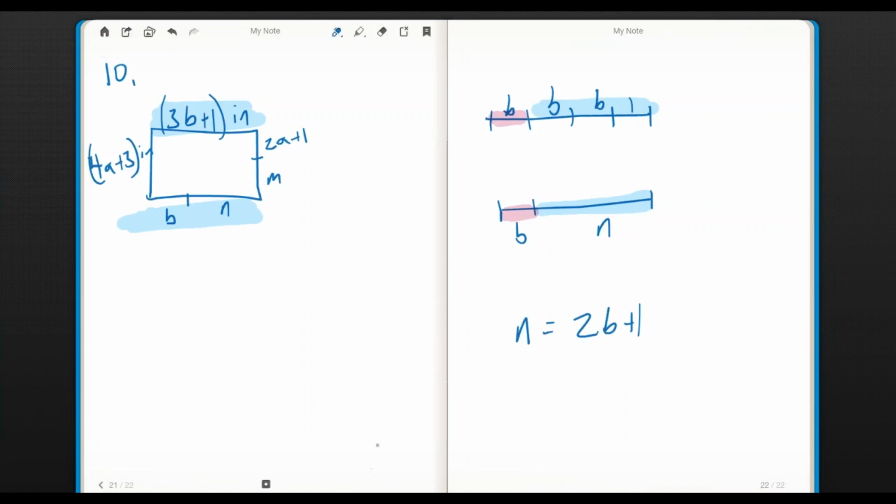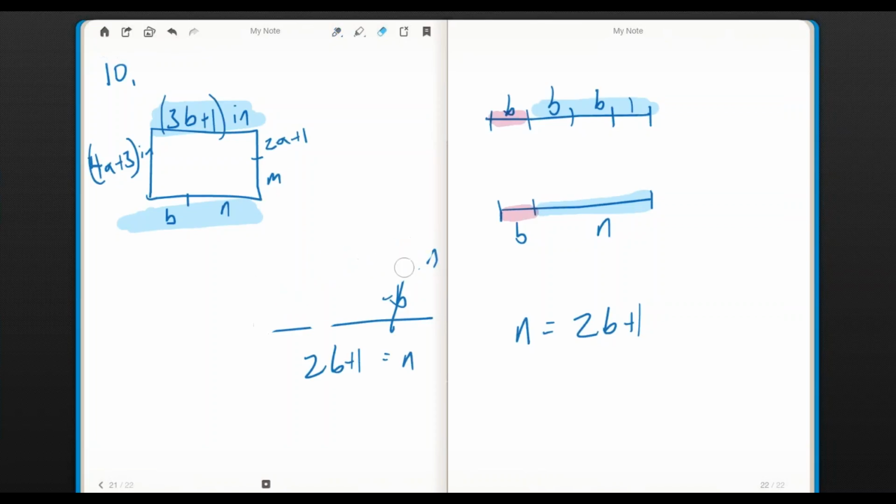And we do want to keep it this way, we're going for the understanding of what we mean, okay? Yes, in algebra we're going to talk about 3b plus 1 is equal to b plus n. We're going to subtract b from both sides to come up with 2b plus 1 equals n. And I didn't say anything about canceling it out. All of that is true. But look at what we're doing.